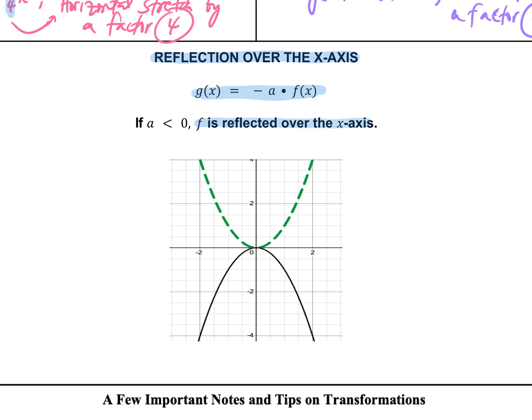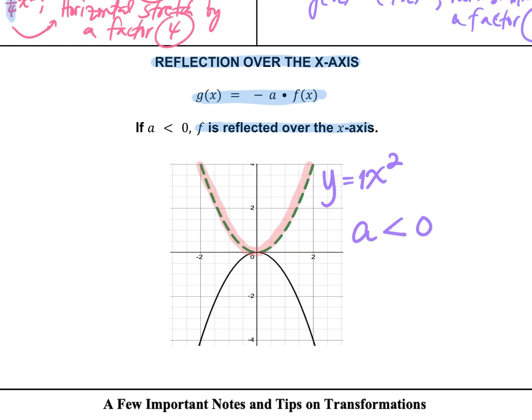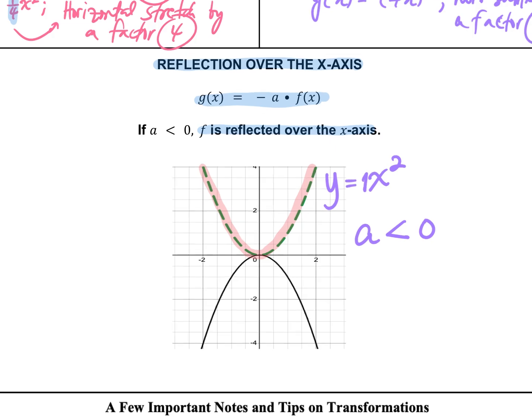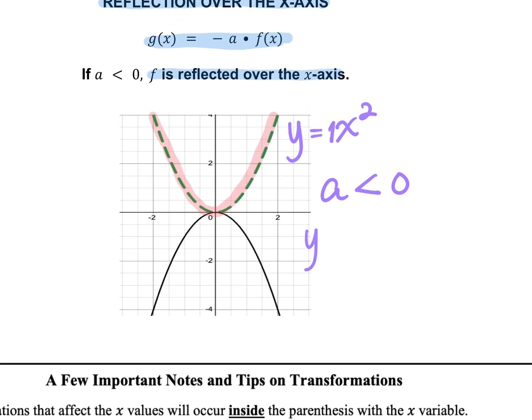Now, if you look at the green dotted parabola once again here, this is actually your parent function, y is equal to x squared. Notice that there's a positive 1 in here. Now, let's say a is less than 0. Anything that is less than 0 will be negative numbers. So say, for example, y is equal to negative 1x, although we don't write it that way.